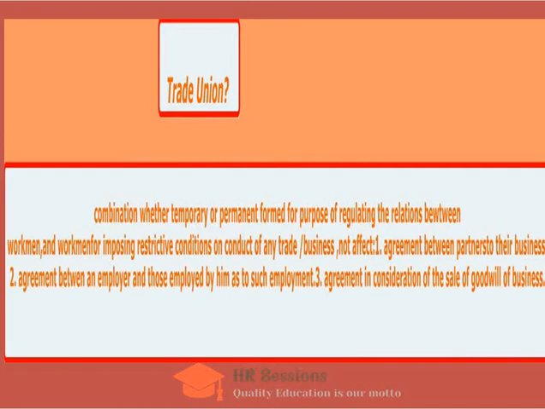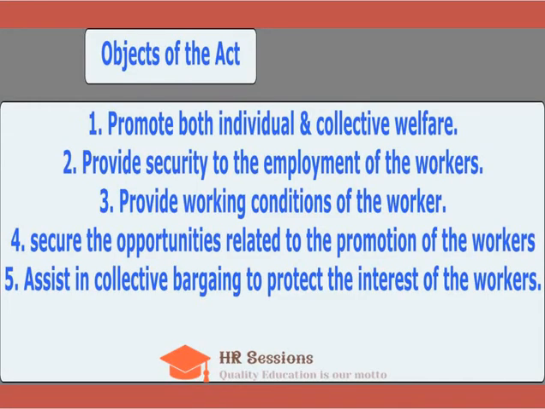Now, what are the objects of the Act? If anyone asks you, the objects of the Trade Union Act are to promote both individual and collective welfare; to secure the payment of wages, salaries and allowances of the worker; to ensure safety and security of employment; to ensure good working conditions; to secure opportunities for promotion; to assist collective bargaining; and to help ensure worker participation in different fields and in discussions with the management.